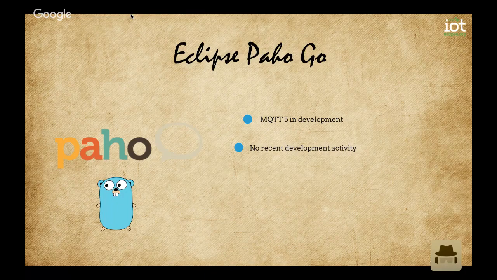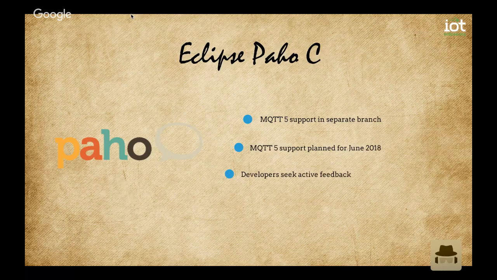The Eclipse Paho Go library is in development for MQTT 5, but I did not find any recent development activity. But I'm hoping that this will also be part of the release train in June. Looking at the C client, it's very actively maintained. It has an MQTT 5 branch, and as far as I know, it's also planned for June 2018.